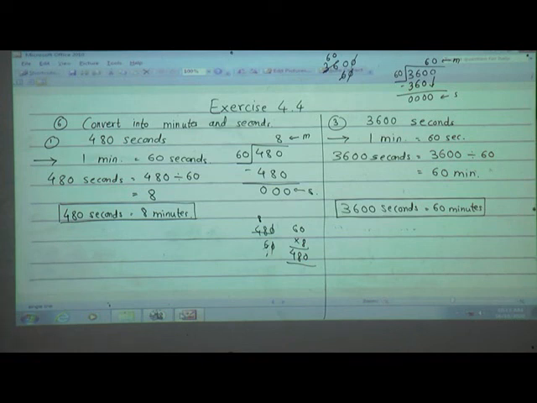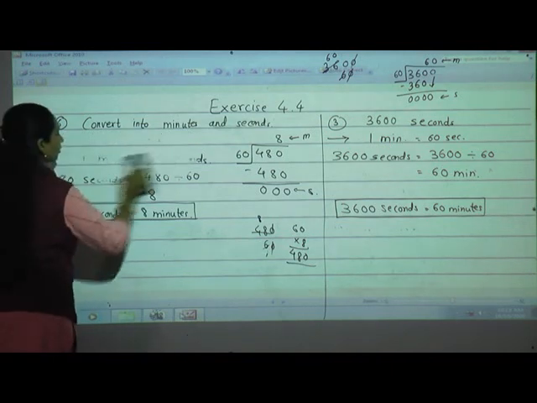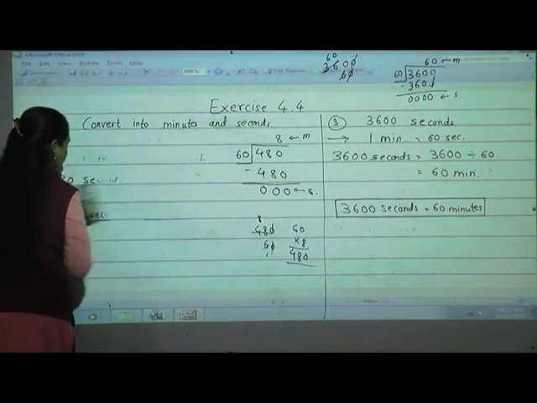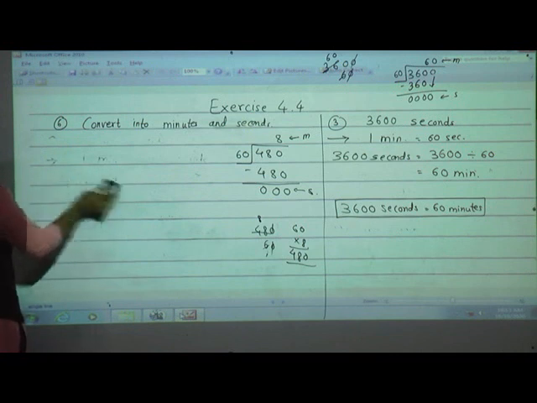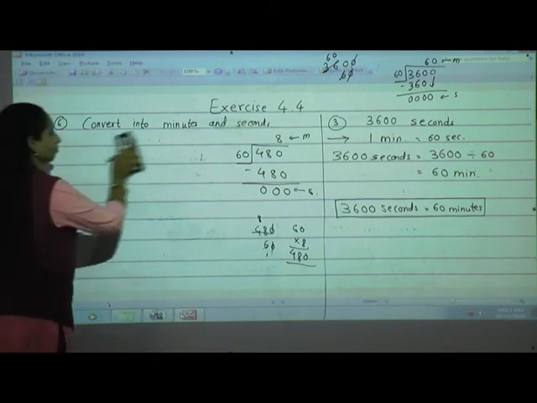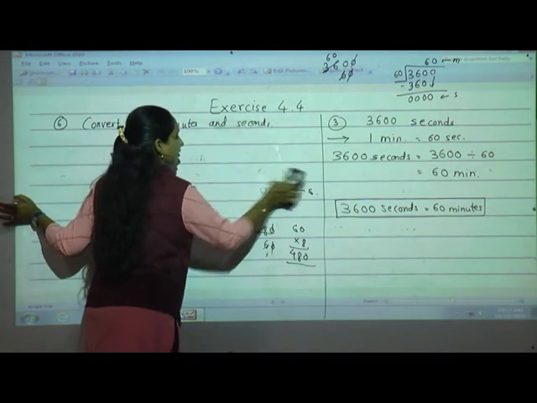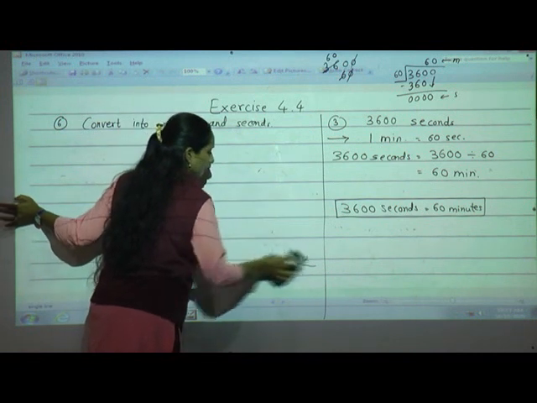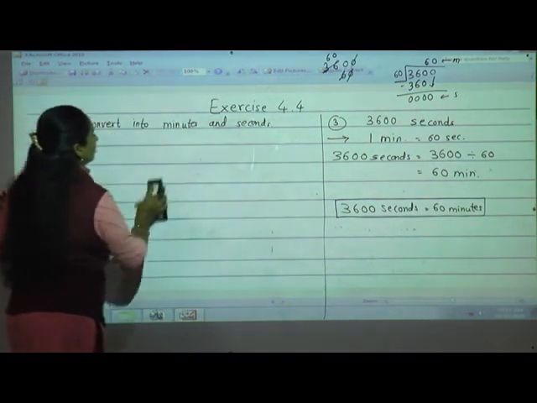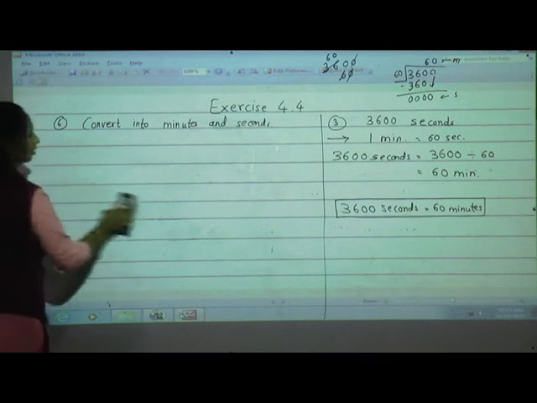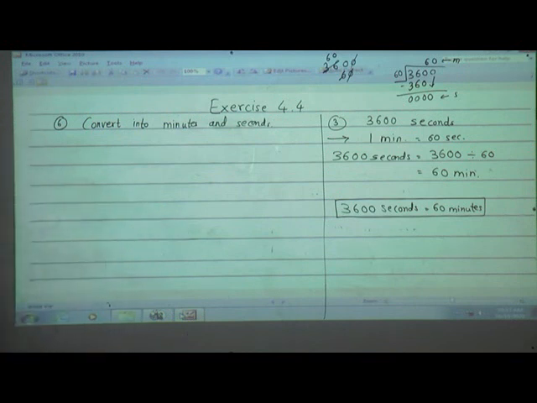Very good. Now, last one more example I'll solve for you. Fifth one. 820 seconds.